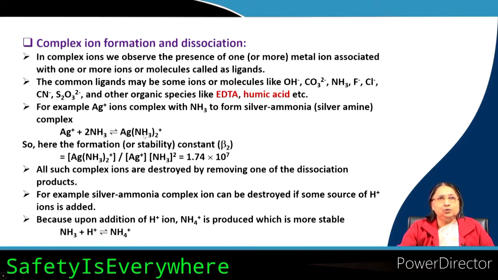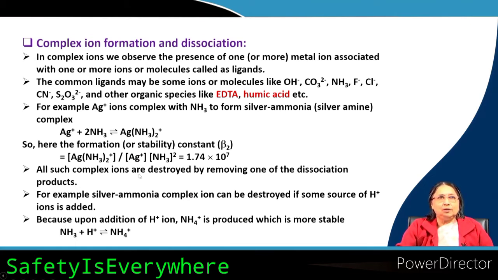If I want to make this reaction go backward, then some product has to be removed. How can you remove it? For example, to remove the ammonia that is produced, you put in some acid. In presence of acid, the ammonia will form the ammonium ion, which is very stable, and then the reaction will slowly go in the backward direction.